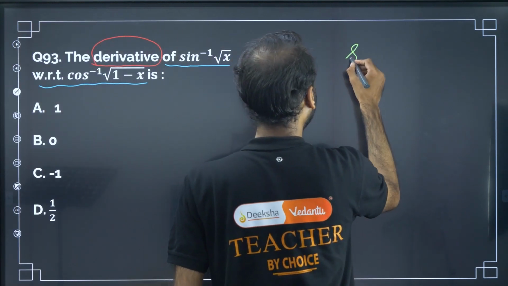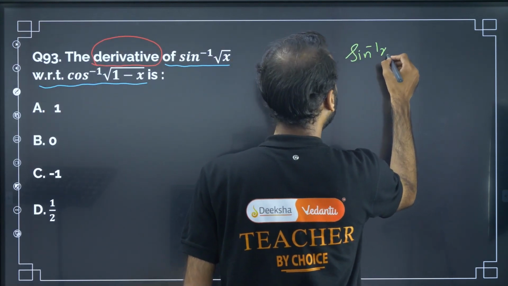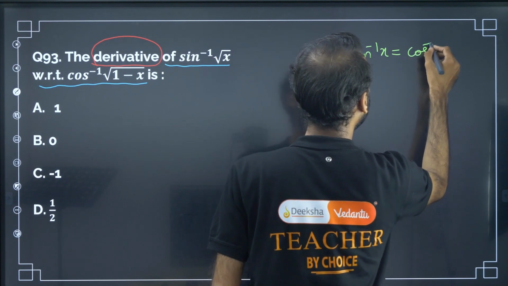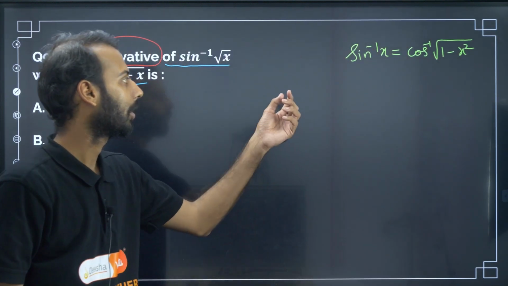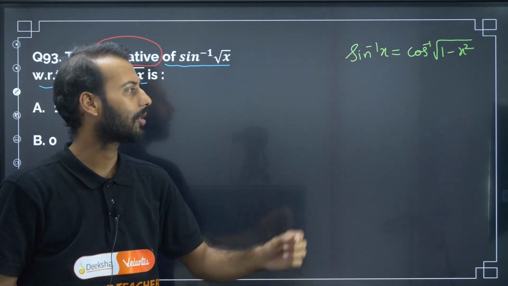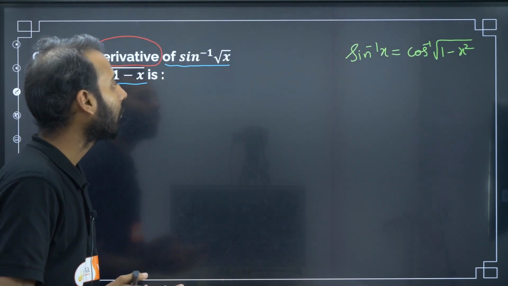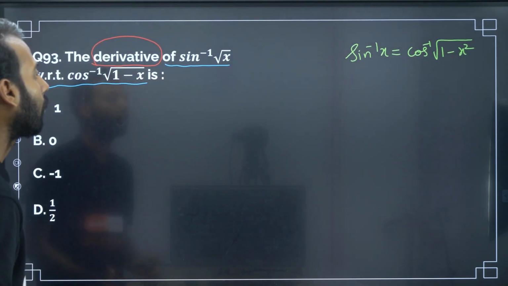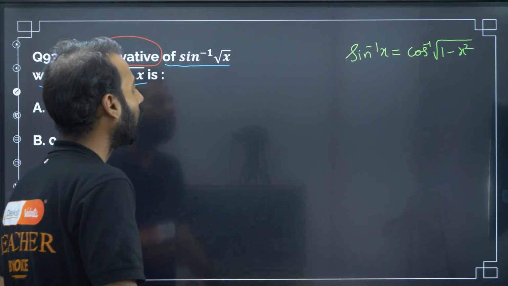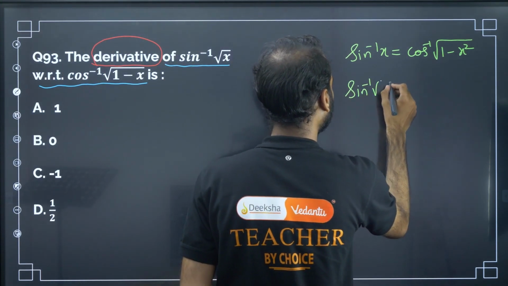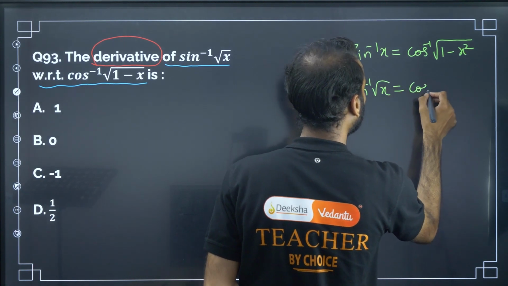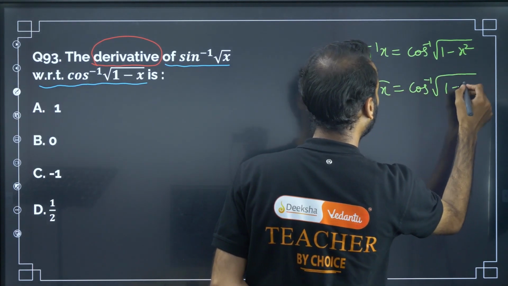Let me write sine inverse x is equal to cos inverse root of 1 minus x square. From inverse trigonometry, this formula you should be aware of. In the same way, sine inverse root x can be written as cos inverse root of 1 minus x.